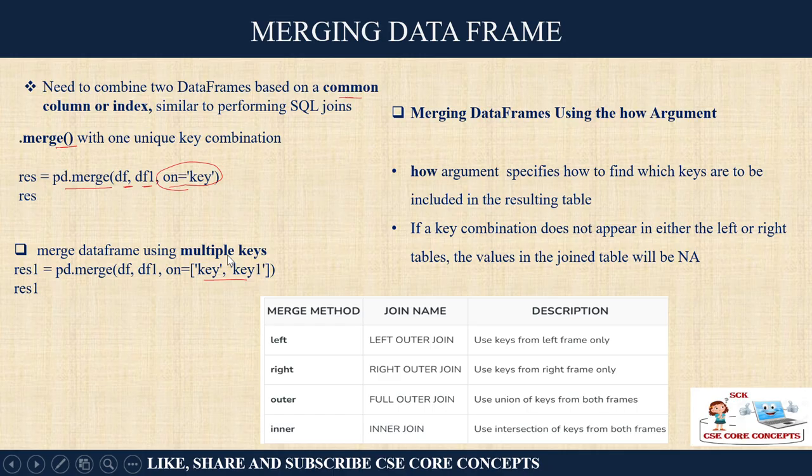Now merging can be written using the how argument also. It determines the resulting table, because if a key combination does not appear in the left and right table, then it will be joined using NA. There are 4 merges: left outer join, which is the same as in SQL. You can refer to my DBMS playlist for this understanding.